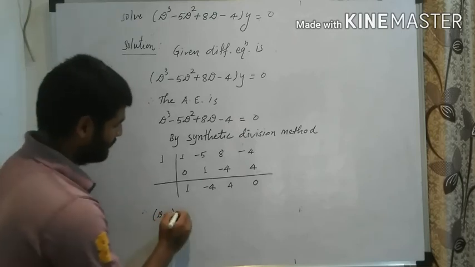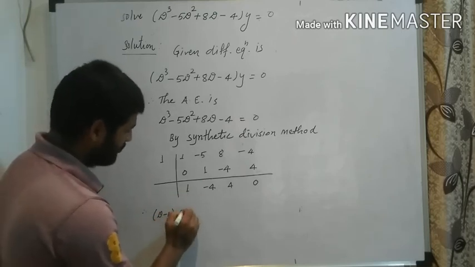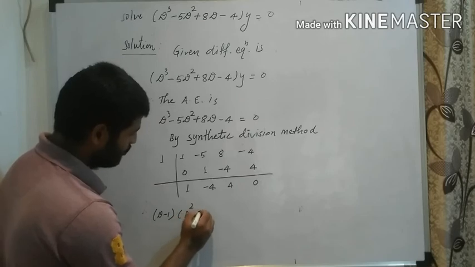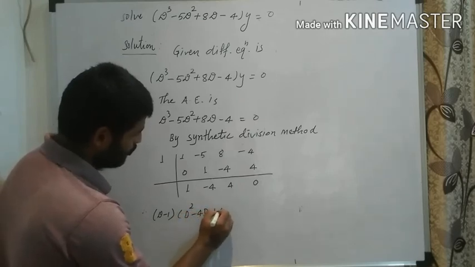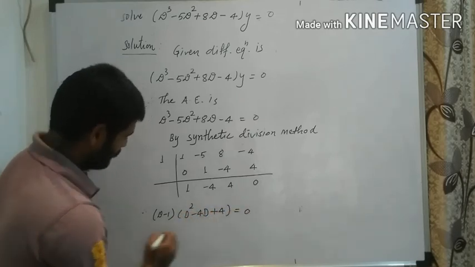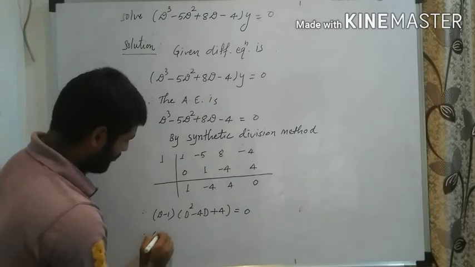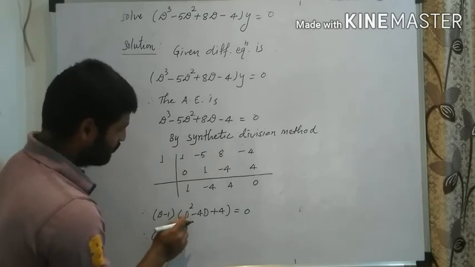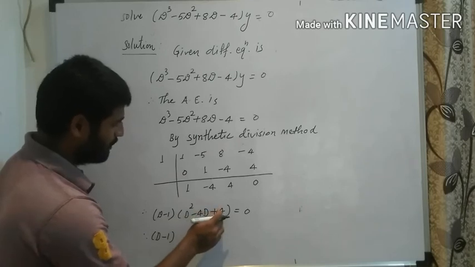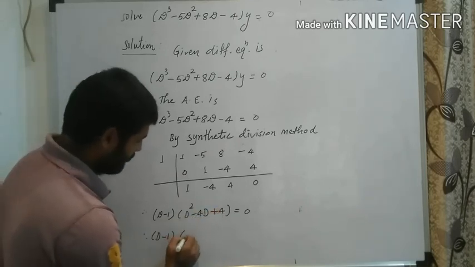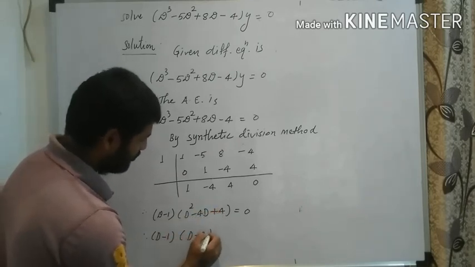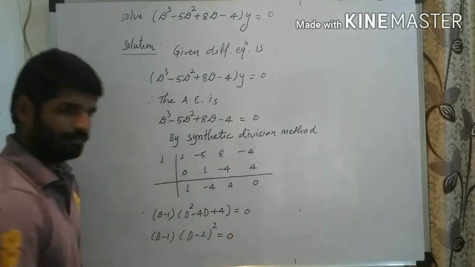factor, and the second factor is from this d square minus 4d plus 4, and that is equal to 0. So this can be written as d minus 1, see d square minus 4d plus 4. This is a perfect square. D minus 2 whole square is equal to 0.